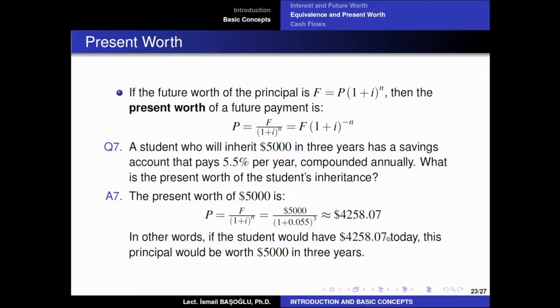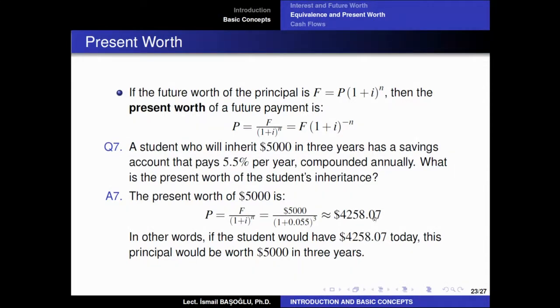Now, if the student has $4,258.07 right now, this student can invest that money into the savings account, which compounds at a yearly interest rate of 5.5%. And in the end of the 3rd year, the student would already have $5,000 in that account. Okay, therefore, the $5,000 that the student is going to inherit 3 years from now has a present worth which is equal to $4,258.07.